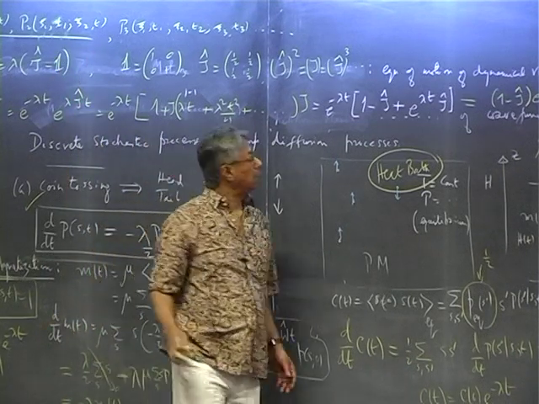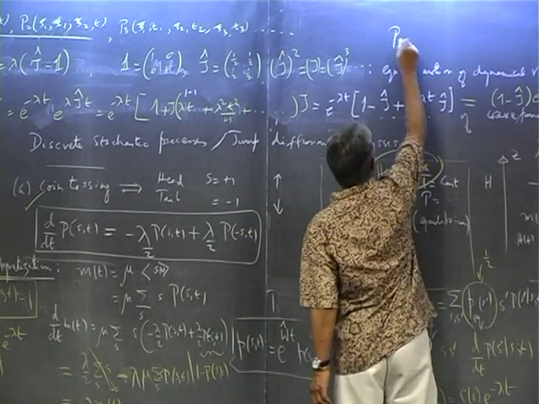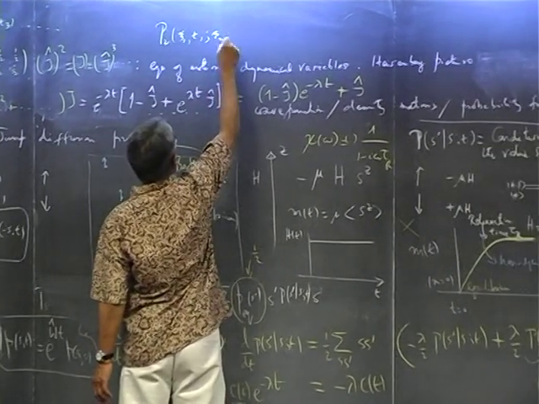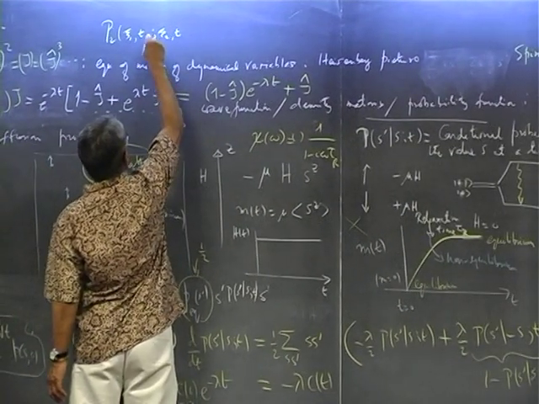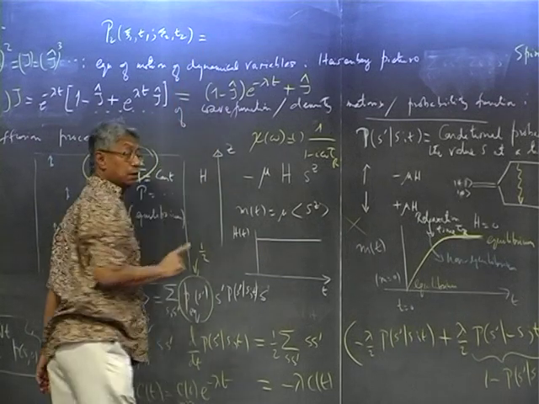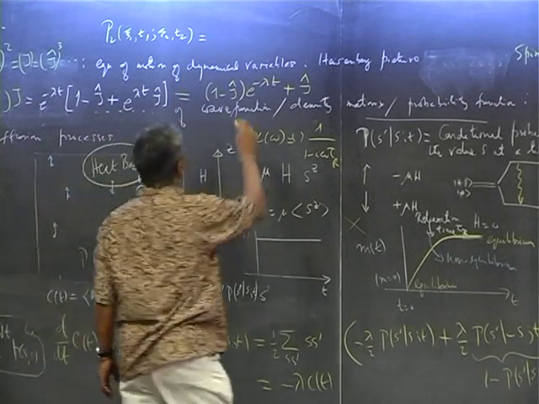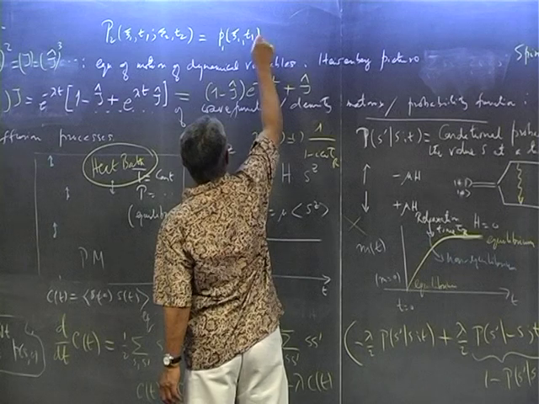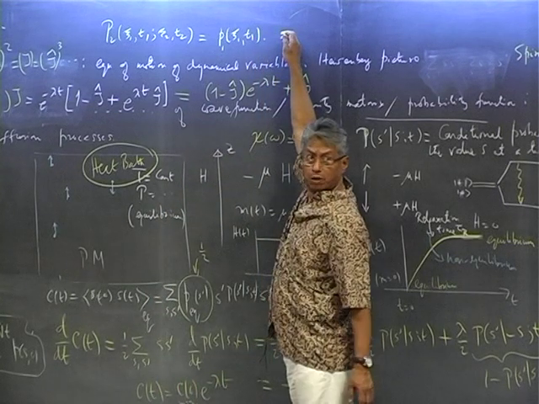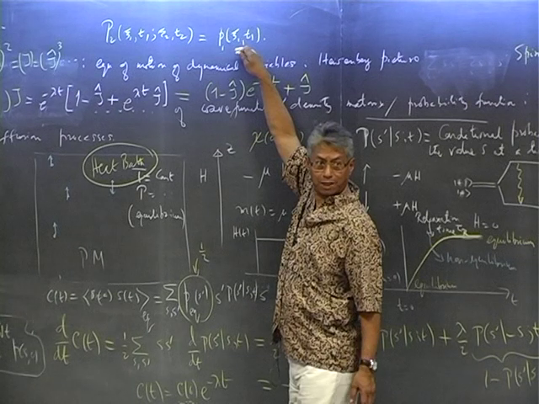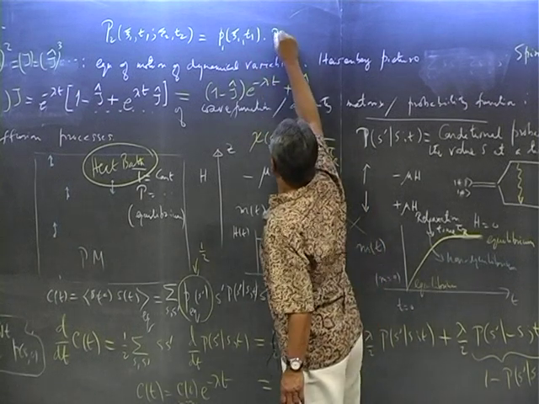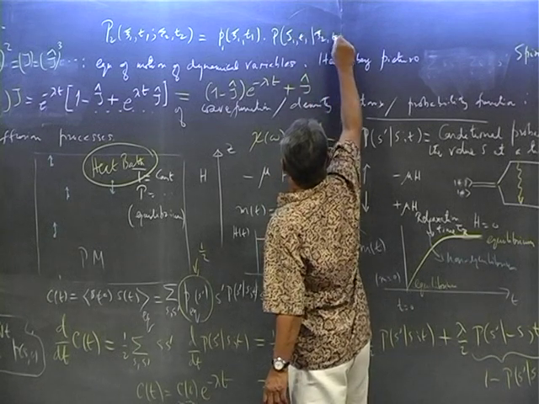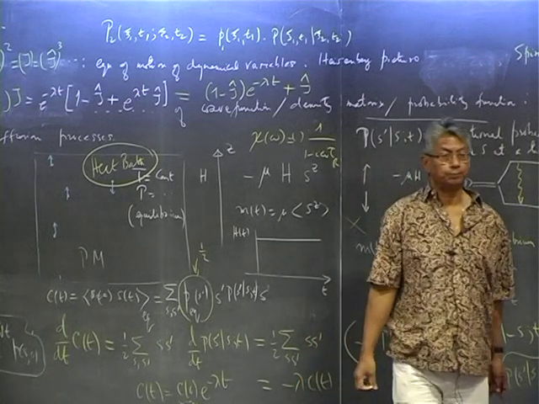Now just imagine, I can always write this by the very definition of this probability as the probability that xi had the value xi1 at time t1 times a conditional probability that, given that xi had the value xi1 at time t1, I go to xi2 at time t2.